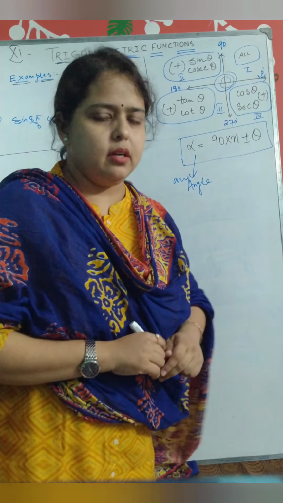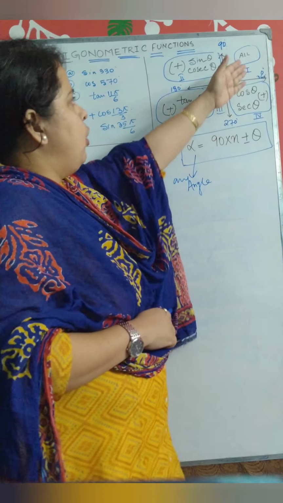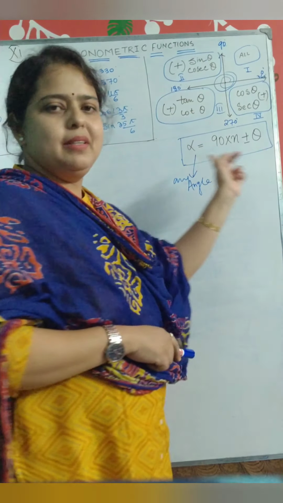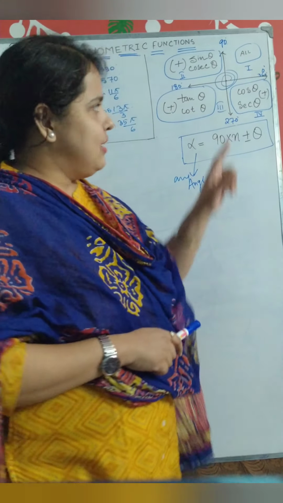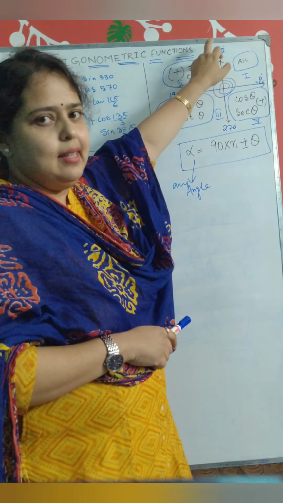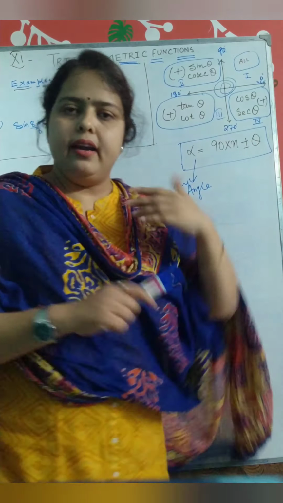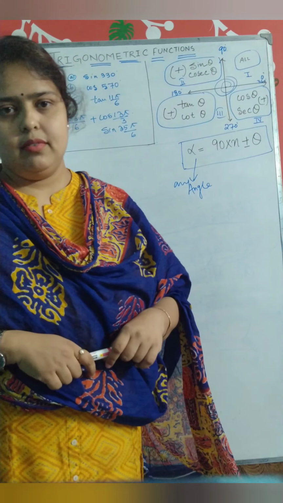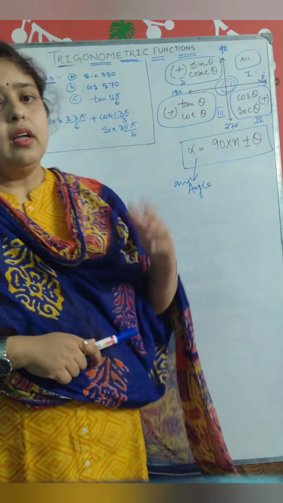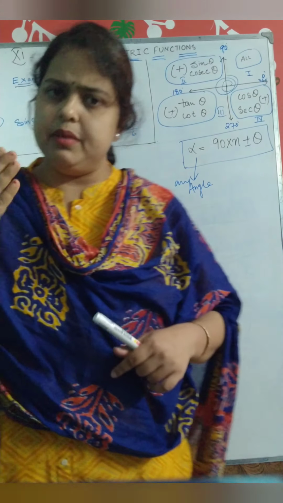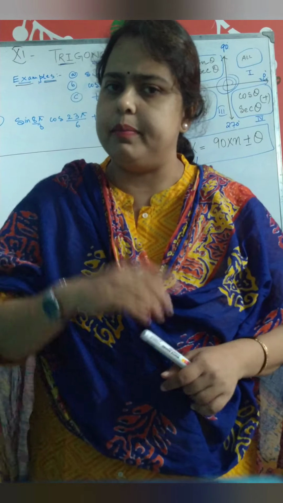It is not compulsory that every time all the angles are multiples of 90. As you can see, we are moving in the multiples of 90, that is 0 to 90, then 90 into 2, 90 into 3, 90 into 4, and it will move on. But it's not compulsory that it will always be a multiple of 90. It can be something more or something less than a multiple of 90.